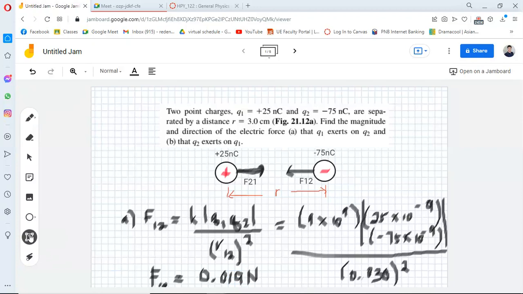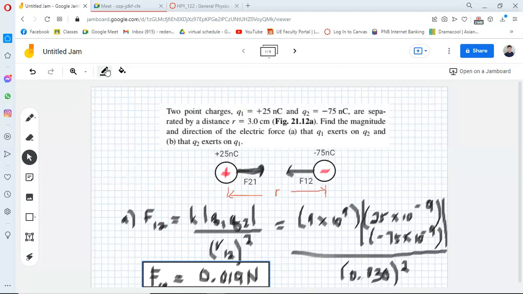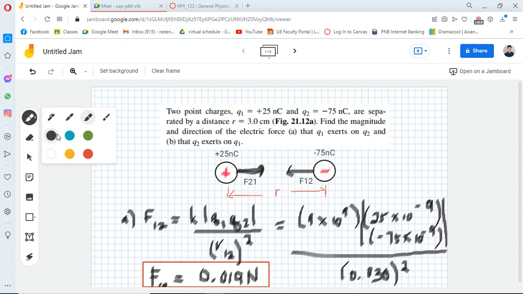Okay, so that is the value of the force being exerted by 1 on 2. Okay, so 0.019, and it is an attractive force. Is that clear to everyone? Okay, so I hope that is clear.